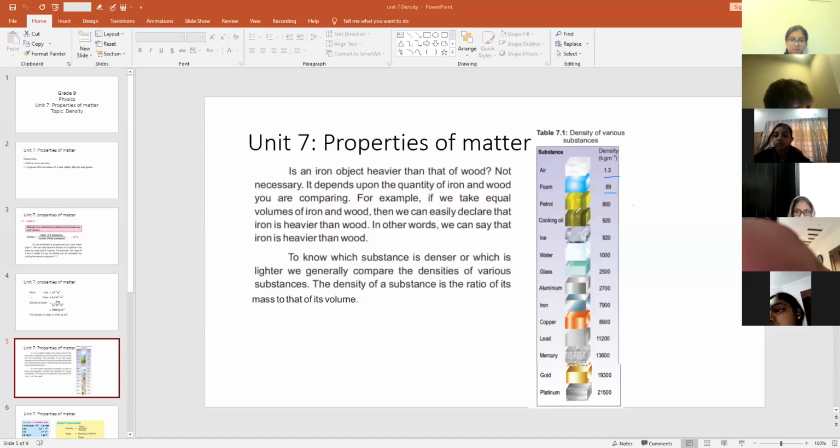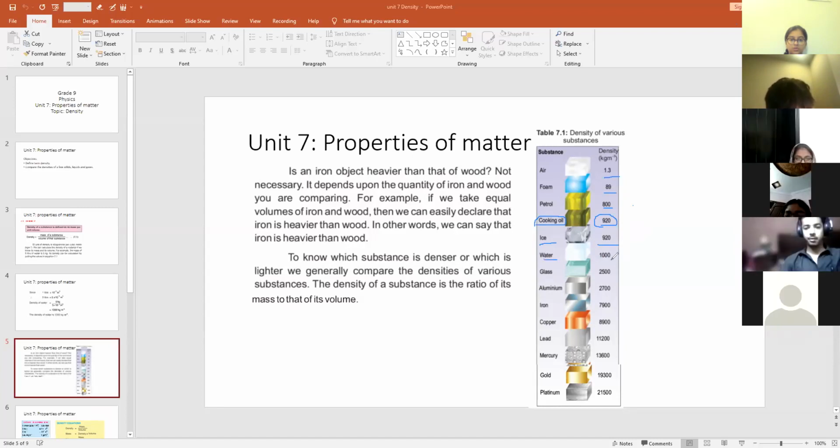If you see the petrol, it is more dense as compared to the air and foam, and that is 800 kg per meter cube. The cooking oil is also dense because it gives you a thick texture, so it has a density of 920 kg per meter cube. The ice has the same density as cooking oil, that is 920 kg per meter cube. The water is 1000 kg per meter cube, that we have already calculated.